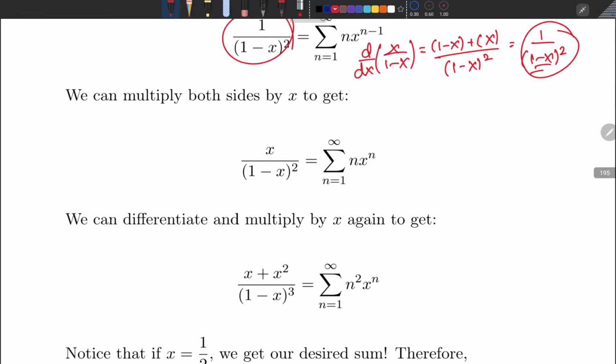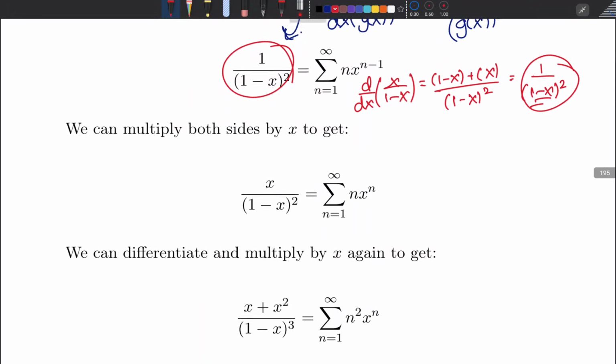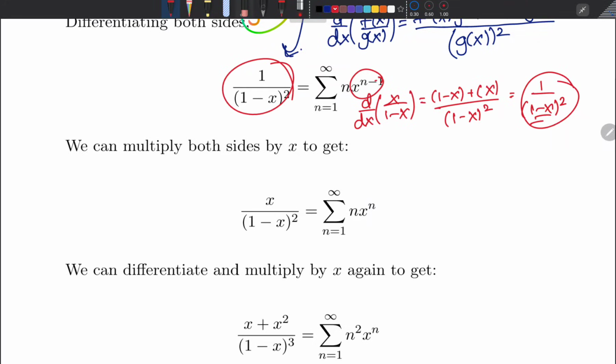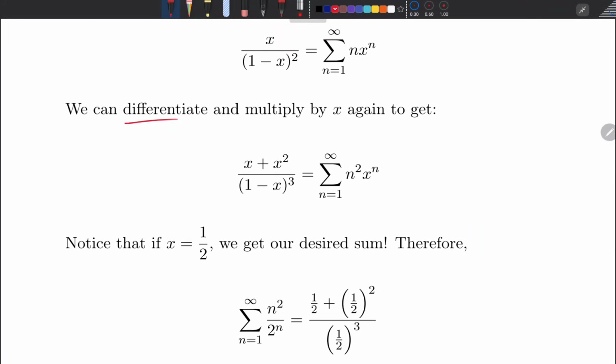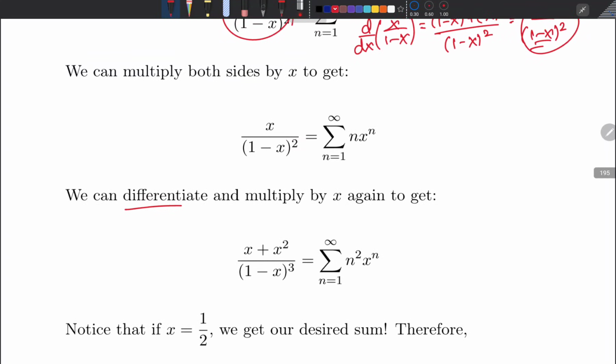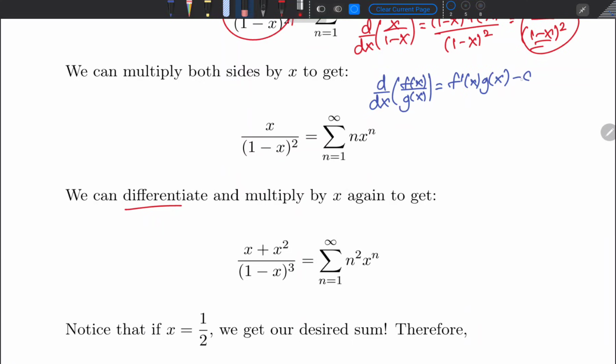Furthermore, we can multiply both sides with x in order to get rid of this minus 1 here, and we can proceed further. Now we have to take the derivative of this part again. From our previous encounter, we know that d over dx of f of x over g of x is f prime of x times g of x minus f of x times g prime of x, over g of x whole squared.